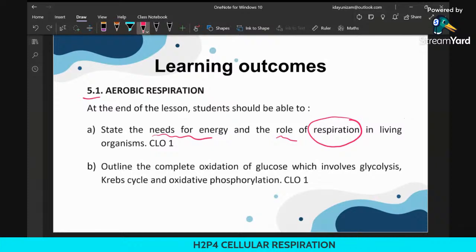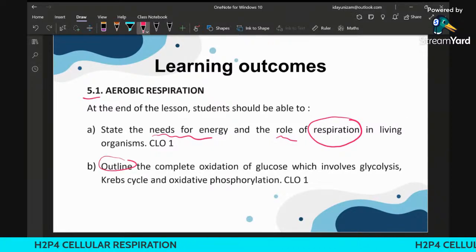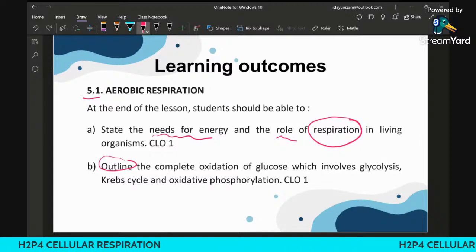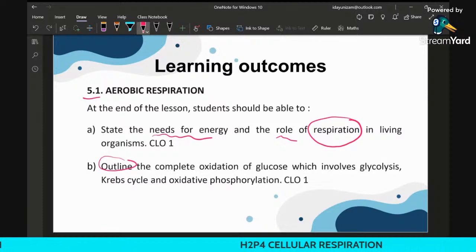We will look at the outline briefly, but the important thing today is that teacher would like to focus on the steps of glycolysis.